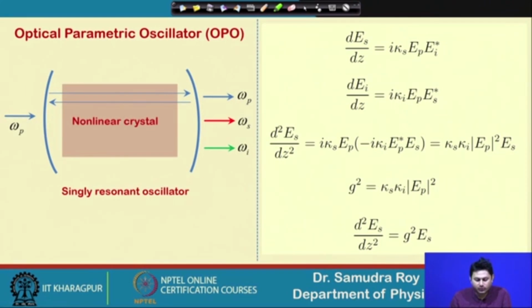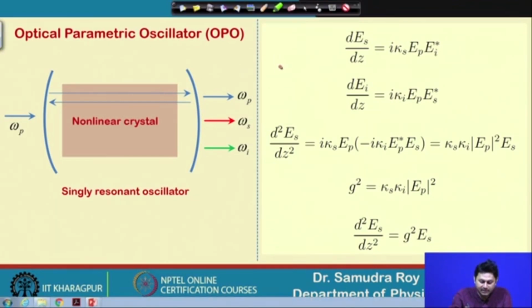So, in order to find the threshold value for generating any amplification coming out of this optical parametric oscillator, we need to solve the differential equation once again, and here we explicitly consider delta k equal to 0. That means there is phase matching.